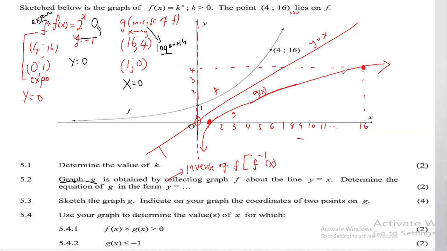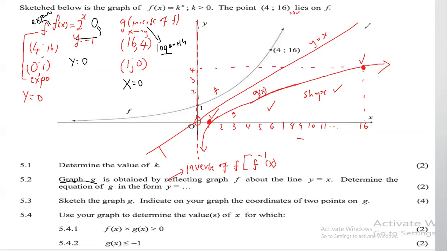So how do they give 4 marks here? I think they will mark the shape, and they will mark this point. They will mark the idea that you can see that the graph does not touch the y-axis, the idea of the asymptote, and maybe the fact that you know that this point is 16 and 4.